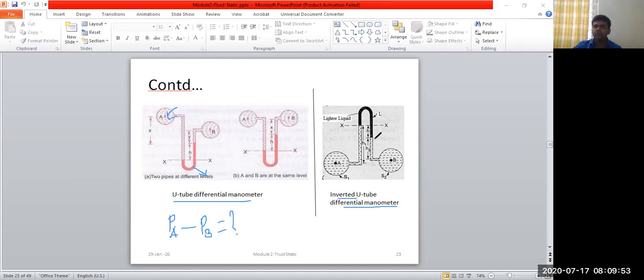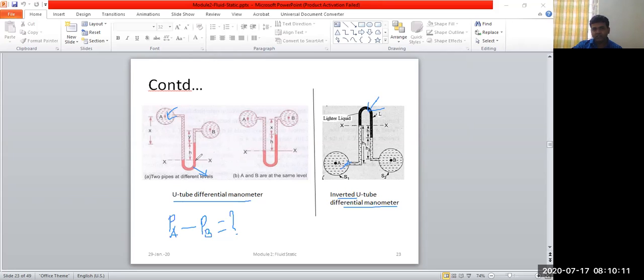If this U-tube is above the pipeline, then the liquid in the U-tube should be the lighter liquid, that means the density of this liquid should be lesser than the density of the liquid flowing in the pipe.